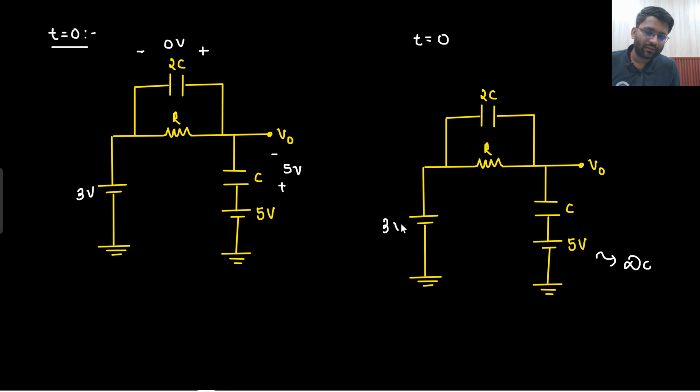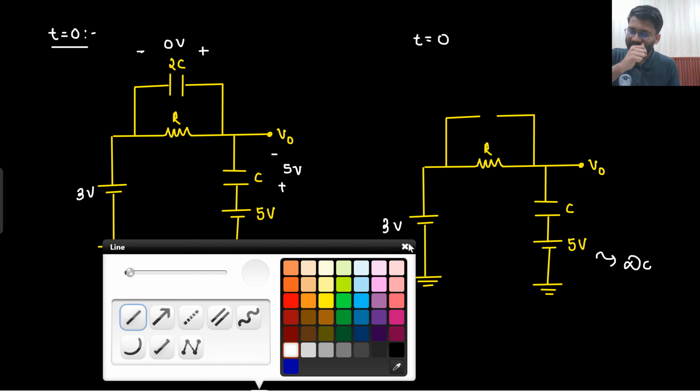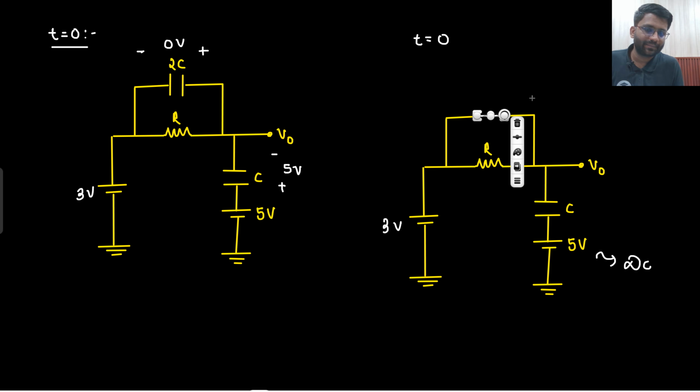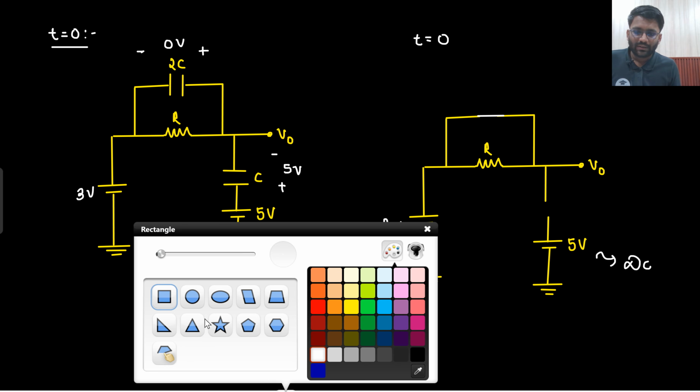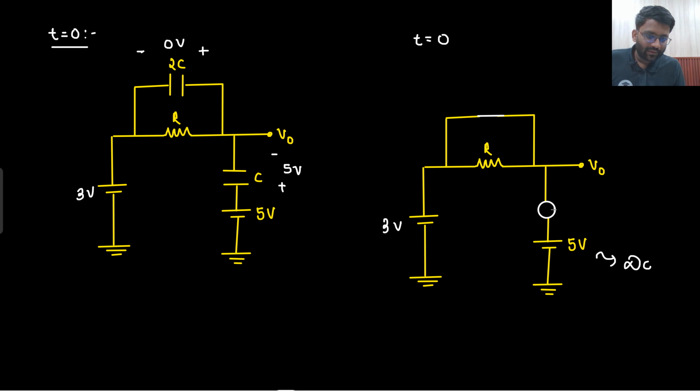Now this particular capacitor 2C, which has an initial voltage of 0, will be replaced with its initial voltage, which is 0 volt only. And this capacitor will be replaced with its initial voltage, which is 5 volt. So this is how it will be replaced, with the polarity downward plus, minus 5 volt.